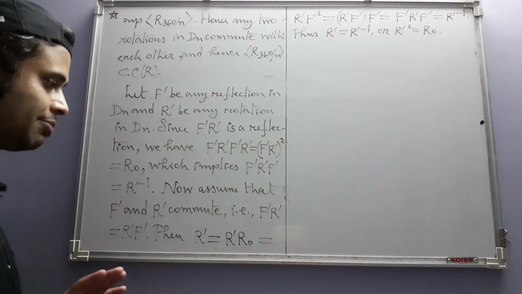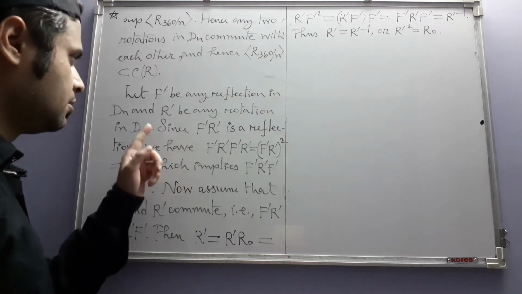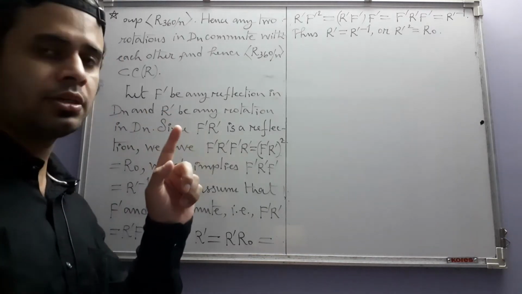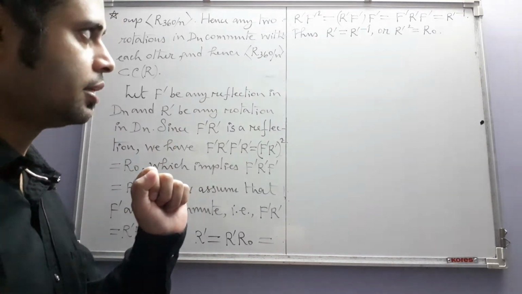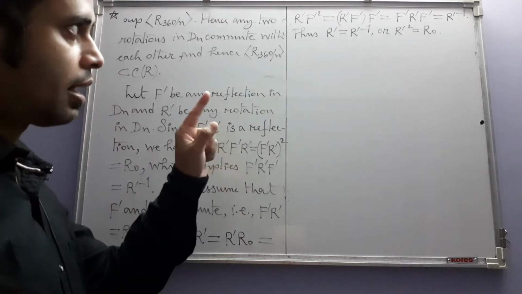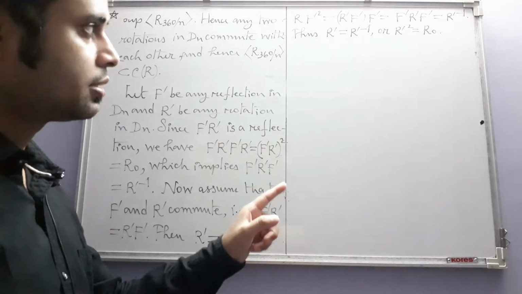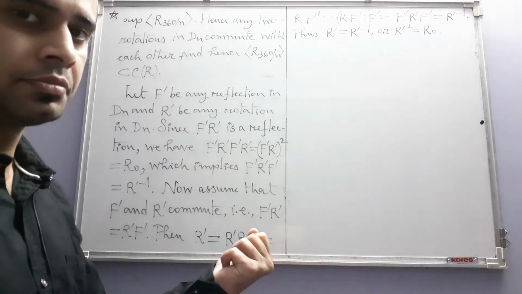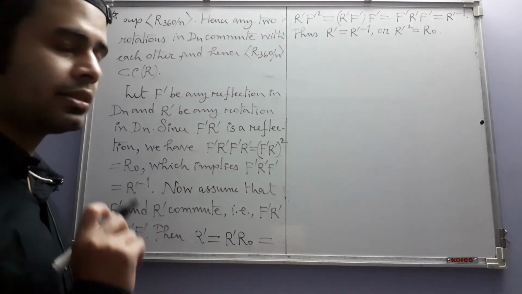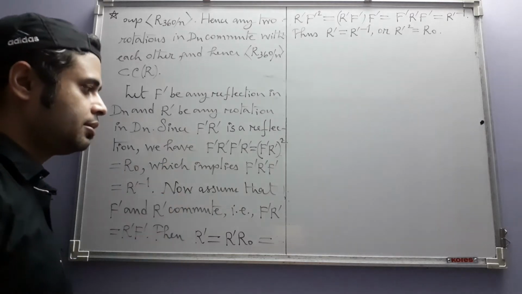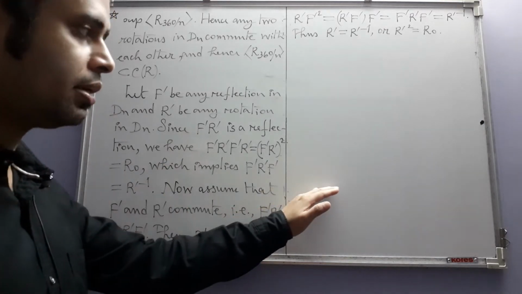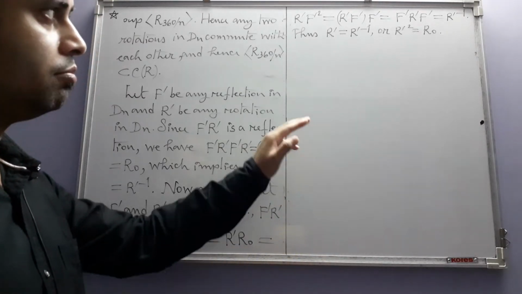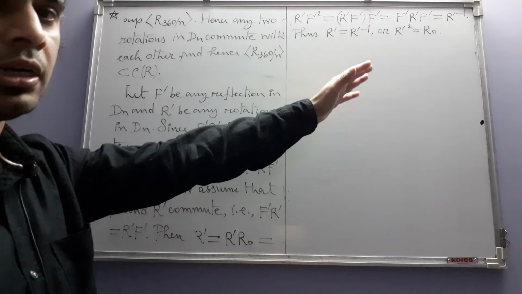Okay, so what have we got now? If the reflection F prime and the rotation R prime commute with each other, then R prime must be a rotation such that its square is the identity. Okay, so this is one thing we are getting, and in fact, depending on what the parity of n is, that is whether n is even or odd, we can decide what R prime actually will be.